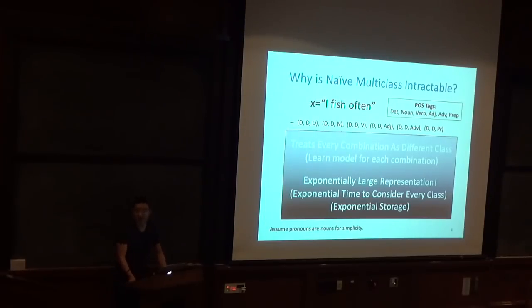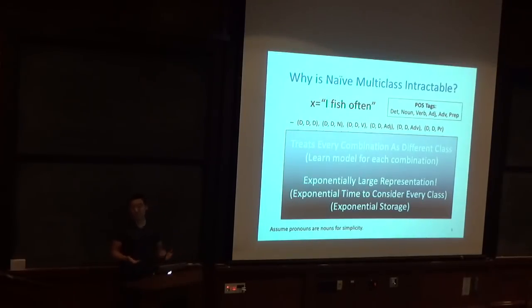Computationally, as a modeling paradigm, in this very naive approach, we're treating every possible output sequence as a completely separate class. We're learning a completely separate scoring function, and because it's completely separate, we have to write this for loop that enumerates all possible classes and then picks the class with the highest score.